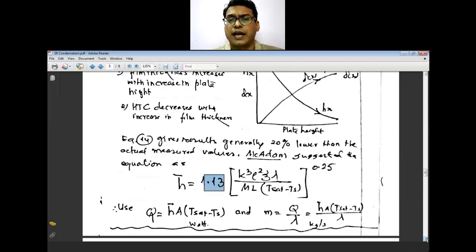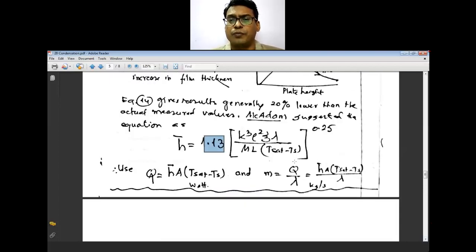So h bar is 1.13 into [k cube rho square g lambda upon mu L (T saturated minus Ts)] raised to 0.25. Then Q is equal to h bar A into (T saturated minus Ts), and m is equal to Q upon lambda.